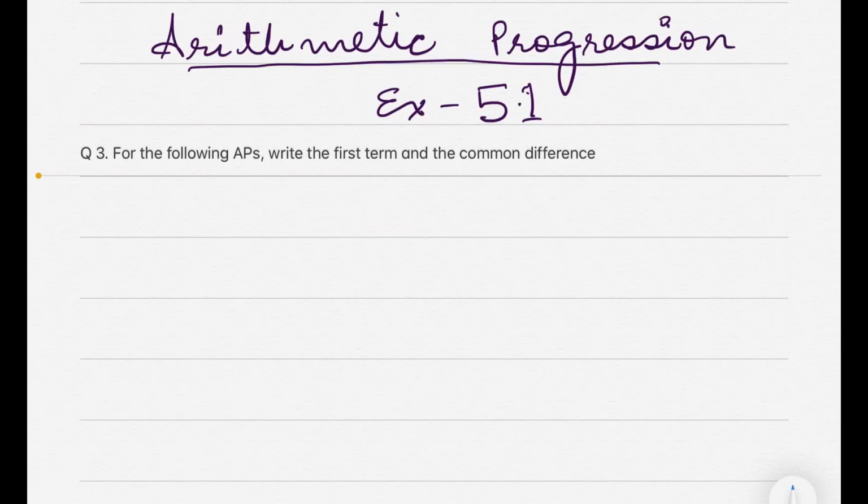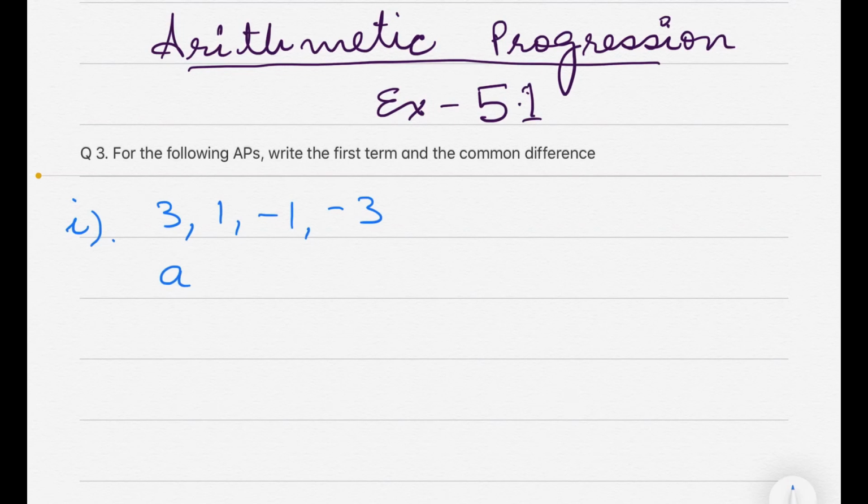Now let's go to question number 3. Question number 3 is asking us to find the first term and the common difference, and APs are given. So it says for the following APs write the first term and the common difference. So four parts. First part, when we move, it says my AP is 3, 1, minus 1 and minus 3.